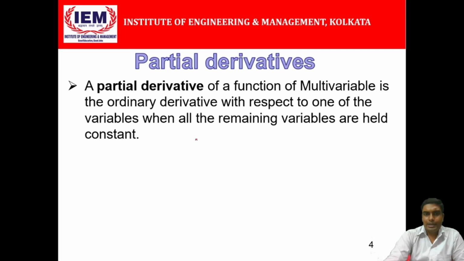What I mean is, suppose you have a function, let's say z equal to f of x y, and we are differentiating this function with respect to one independent variable, let's say x, then I should consider the other independent variable y as a constant.